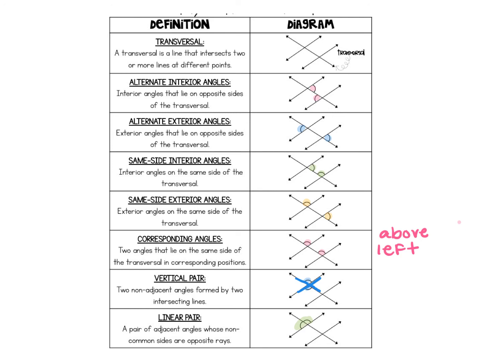Now remember, alternate angles, alternate interior and alternate exterior, are congruent. Same side interior or exterior angles are going to be supplementary.